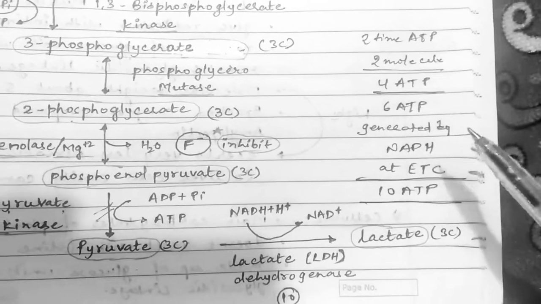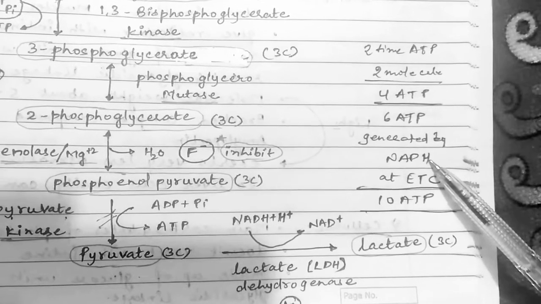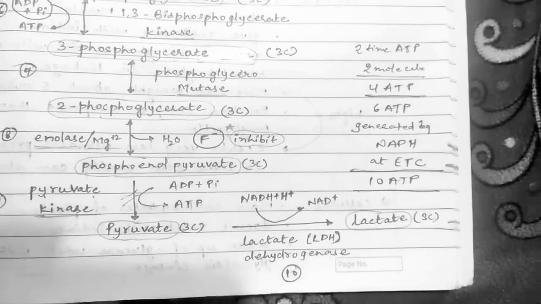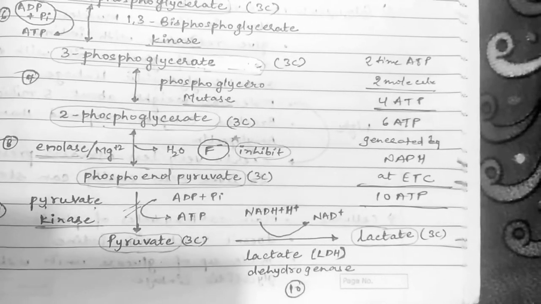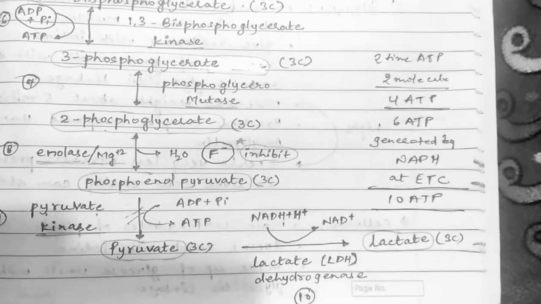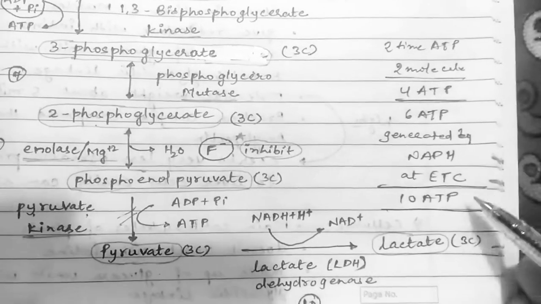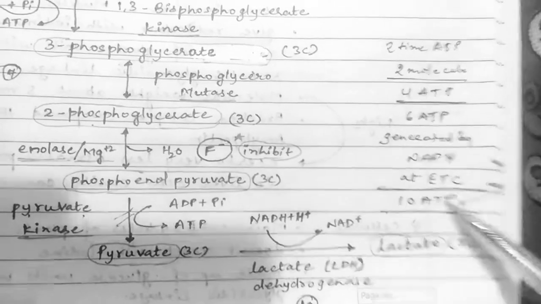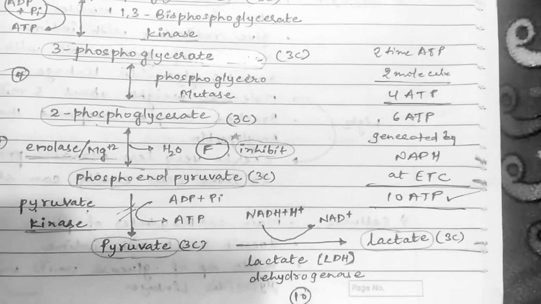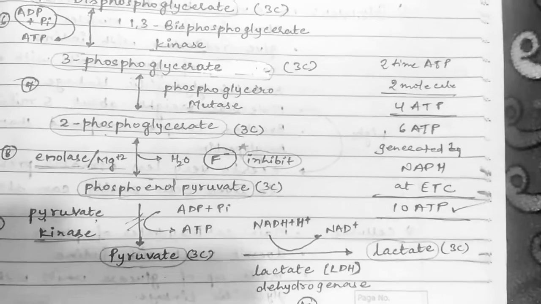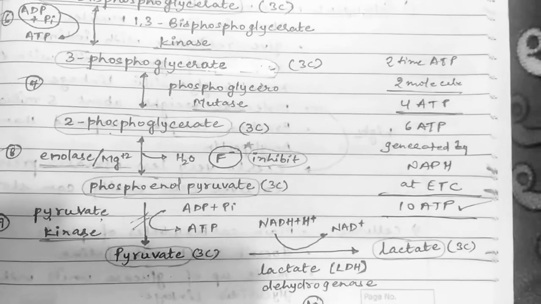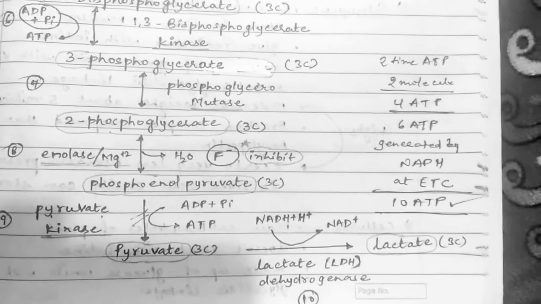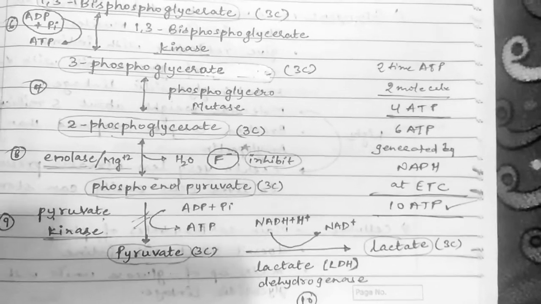But you need to remember the NADH is not ATP, but it can generate an equal amount of energy to 3 ATP in the electron transport chain. That's why we are calculating these as 10, and 10 are generated by glycolysis, but in step number 1 and step number 3, 2 ATP are required for those reactions.